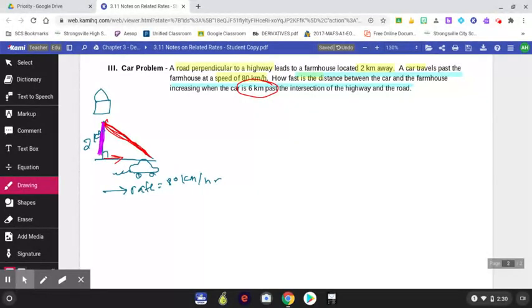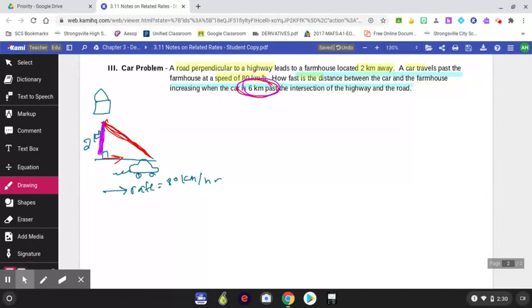I'm trying to solve when the lower leg of the triangle is 6, but it's not a fixed number. That lower leg is a changing distance. As the car moves, that lower leg's length is changing. So that's not fixed, okay? And that matters, the idea between this fixed distance versus a non-fixed distance.